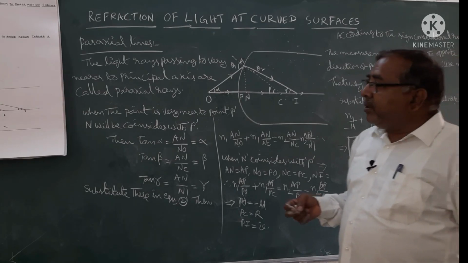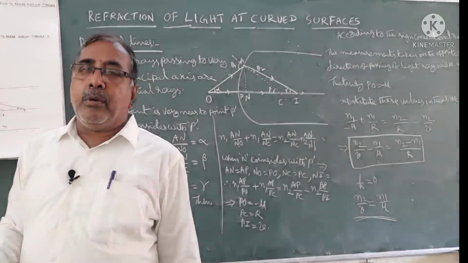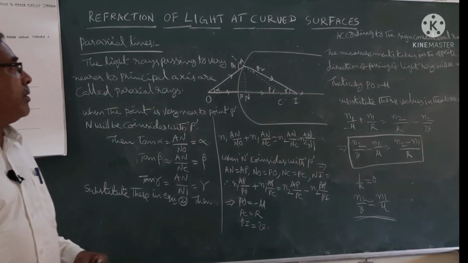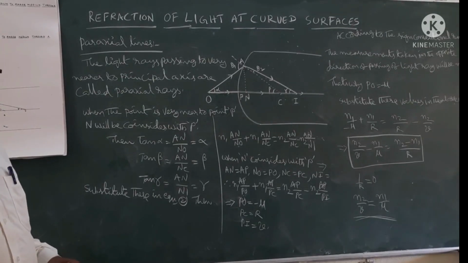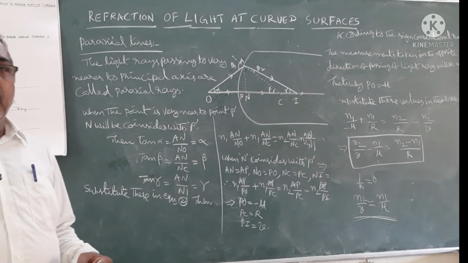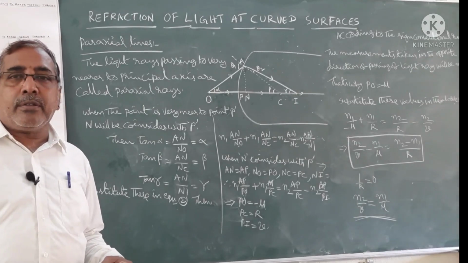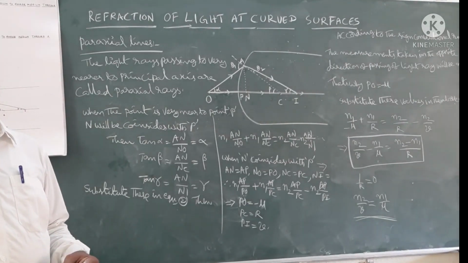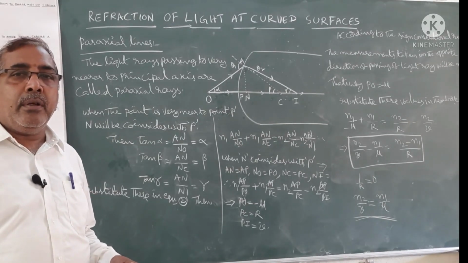Thank you, children. Today we learned about refraction of light at curved surfaces. What are curved surfaces? What are diminished and enlarged images? What is called pole, center of curvature, radius of curvature? What are denser and rarer medium?